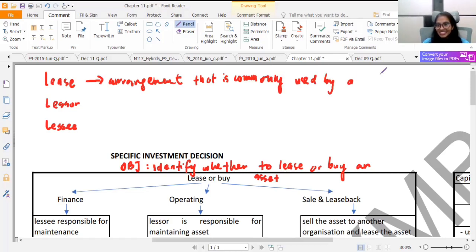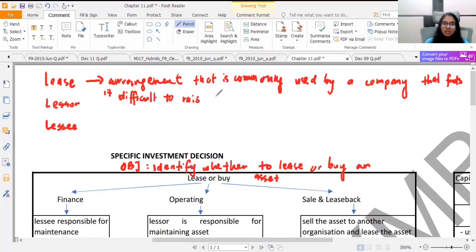by a company that finds it difficult to raise capital expenditure.